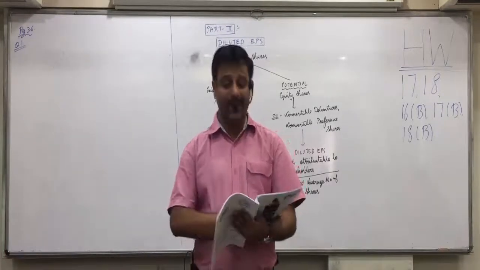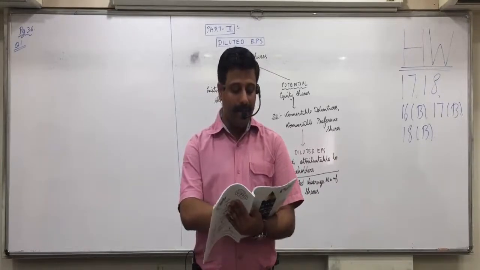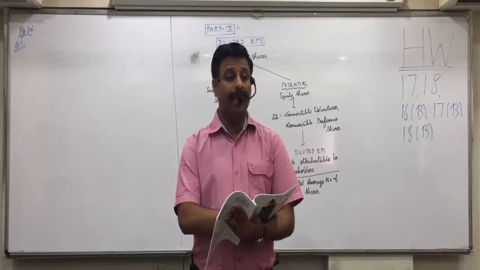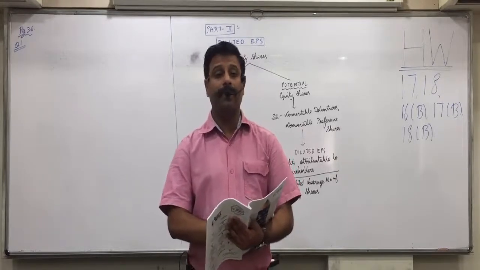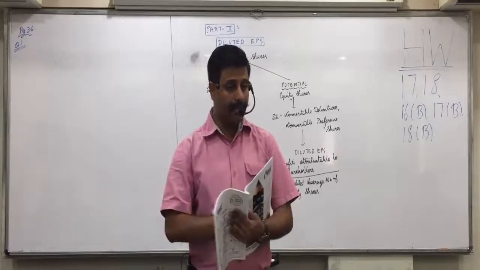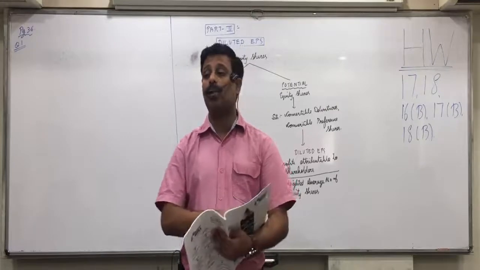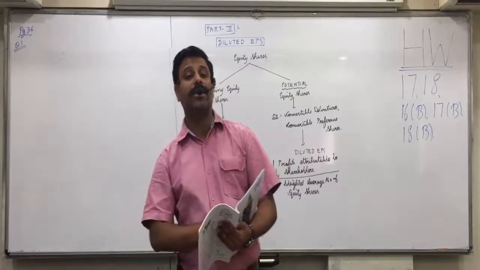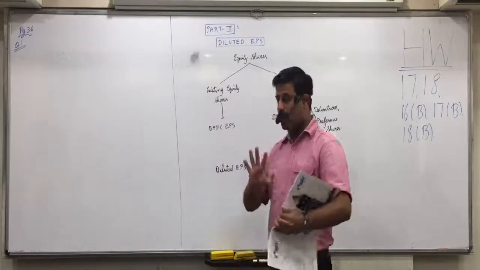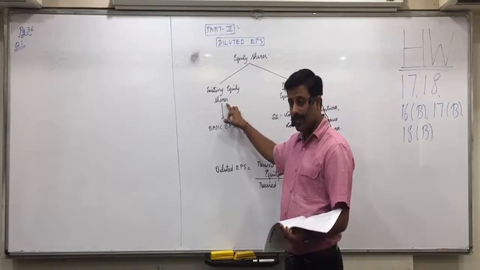Now understand this difference. The sentence which you have underlined: the company had converted convertible debentures into 500 equity shares on 1st October 2014. When you find basic EPS, you take these equity shares from 1st October, because they actually get converted into equity shares on that date.